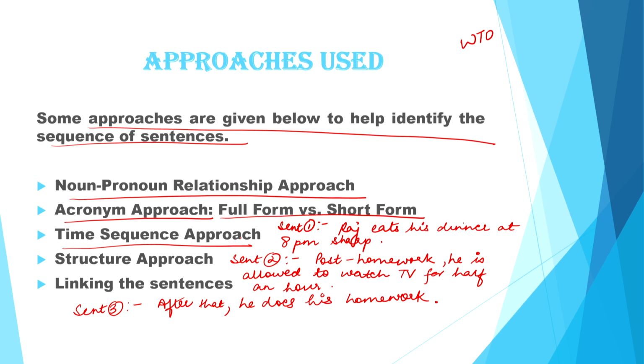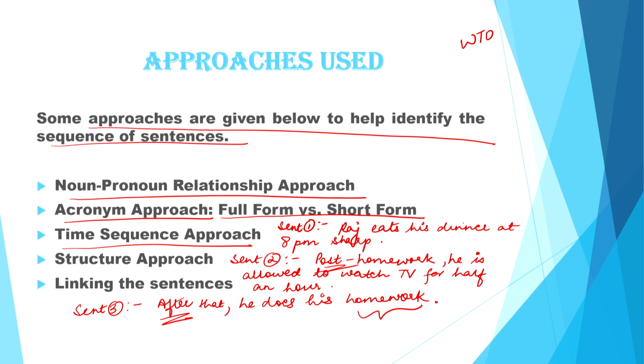Now let's discuss. So in the above example, the words after and post denote time sequence. Also, sentences 3 and 2 form a mandatory pair. As you can see, in sentence 3, homework is mentioned, and in sentence 2, post homework, which means after doing his homework, he is allowed to watch TV, right?